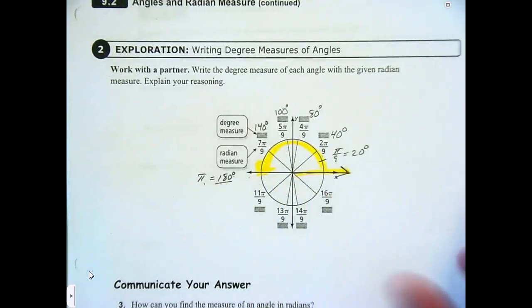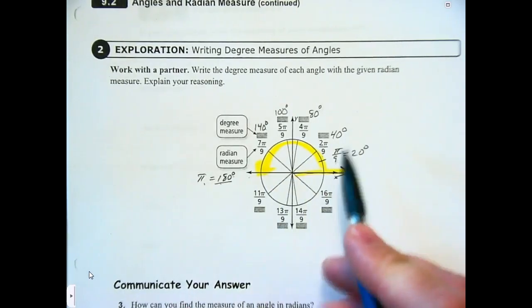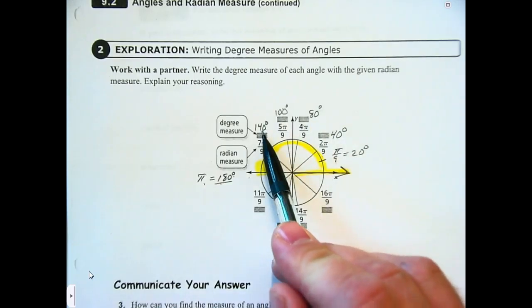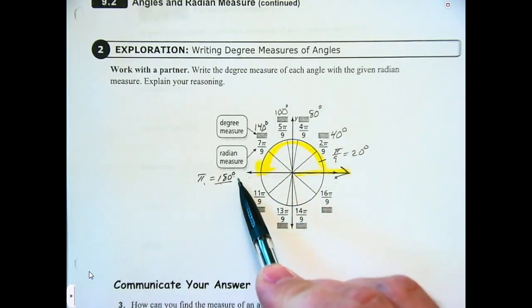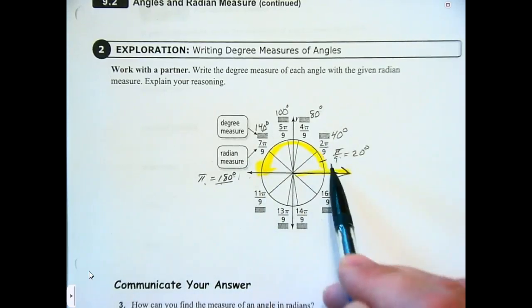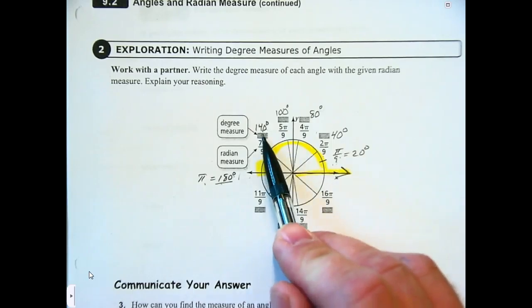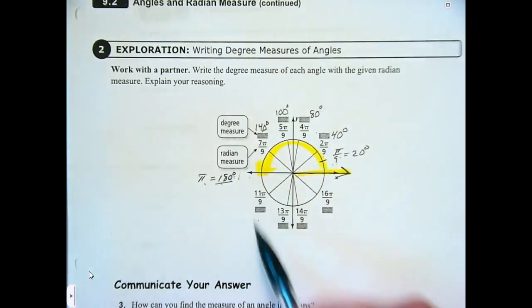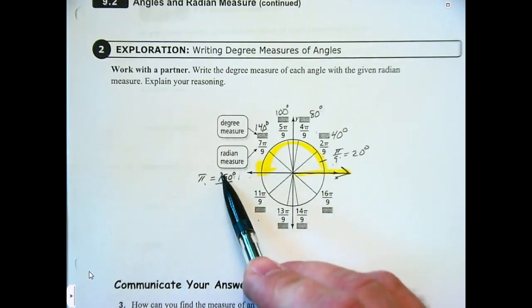So logically speaking, when you're doing these, if you're following along and you get 20, 40, 80, 100, 200, 180, whoa, we've got some problems. Every ninth should be 20 degrees. That means we get to 140, 180. The next one should be bigger than 180 because you've added more ninths. This is 9 ninths.